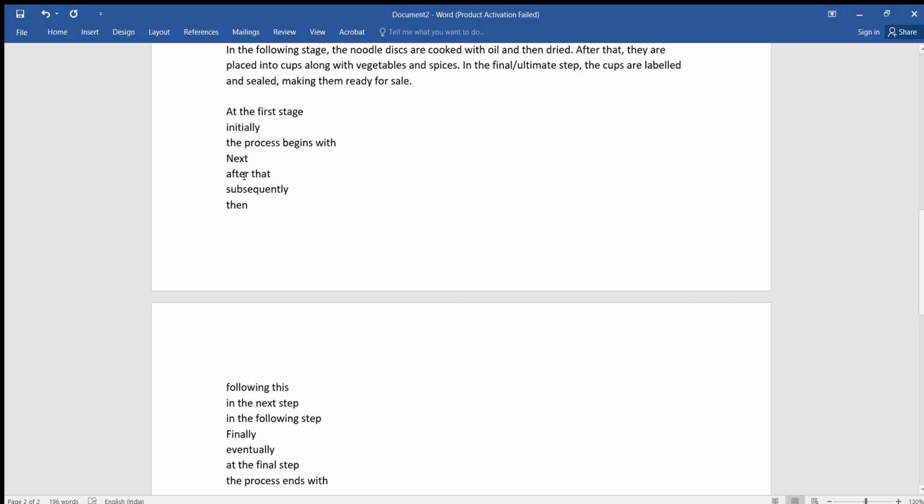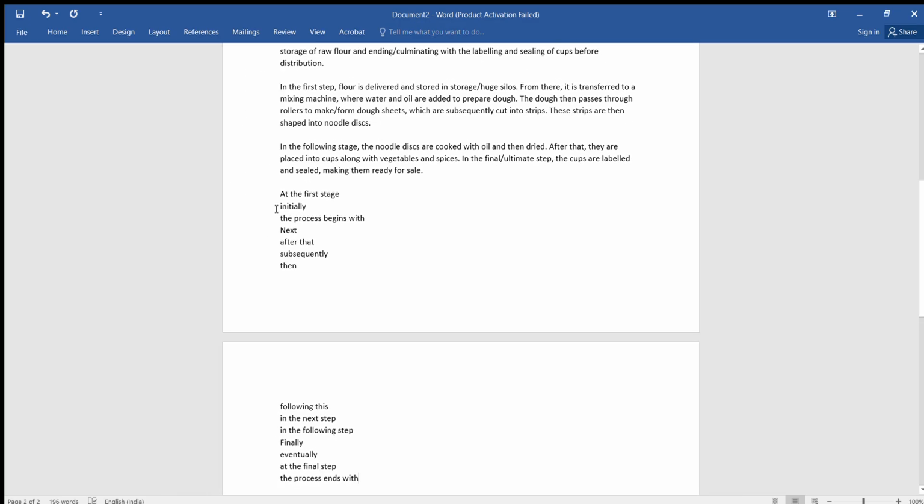So these are all the connectors that you can use for your task 1. These are just for a process chart.